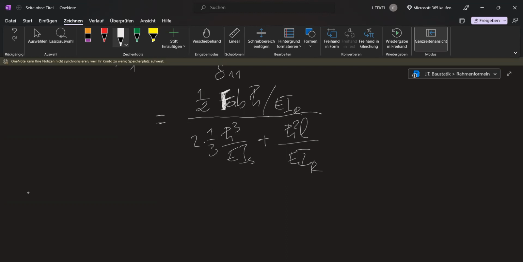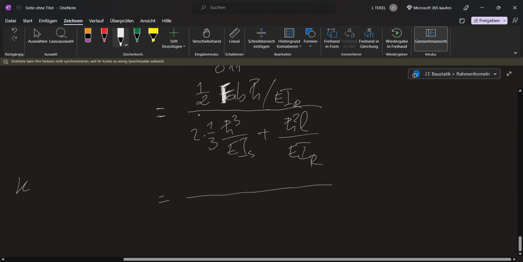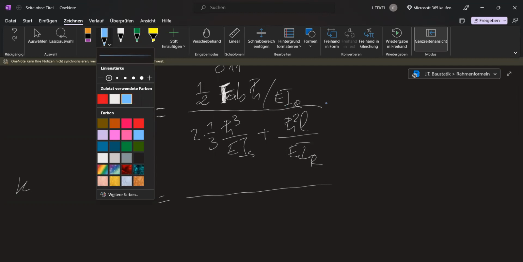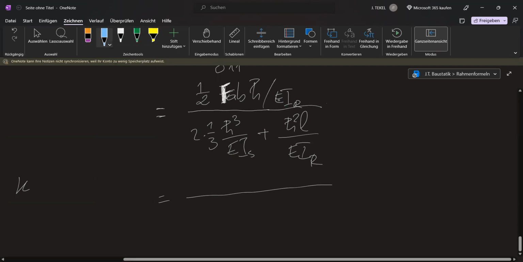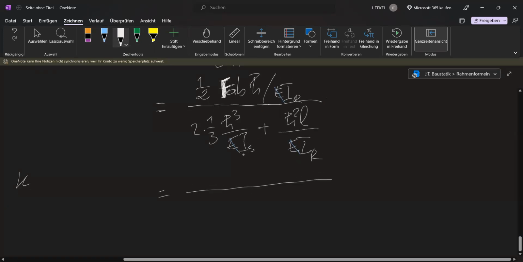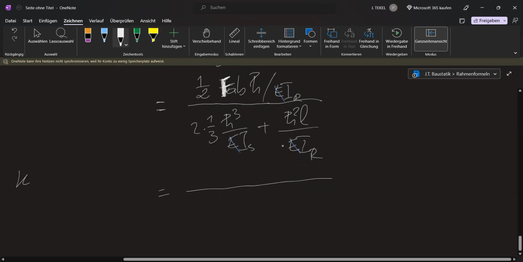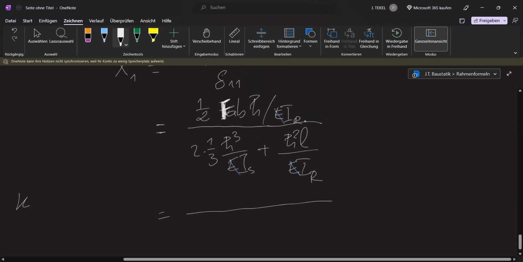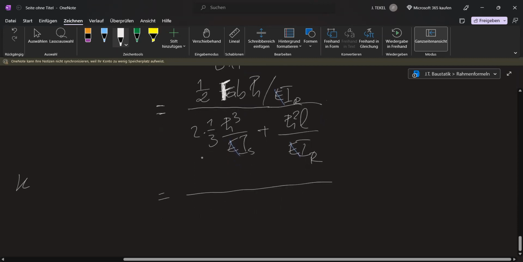Yeah, so now let's see how we're going to put that K in the equation. First I'm going to remove those E, they're disturbing me. So we multiply the numerator and the denominator times E, and those E just disappear. Good. Then I'm going to multiply numerator and denominator times IR, I for the second moment of inertia.